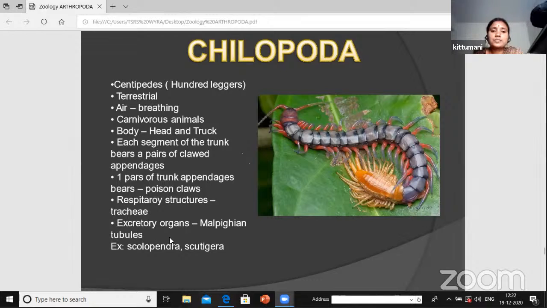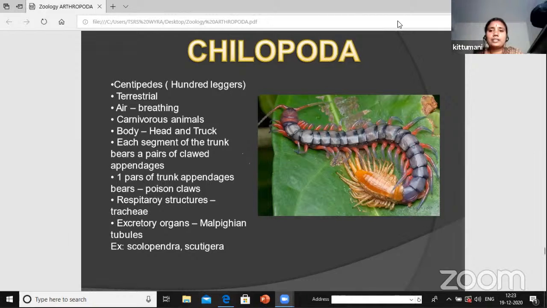The excretory organs are Malpighian tubules. What are the excretory organs in class Chilopoda? Malpighian tubules. For example, Scolopendra and Scutigera, the two organisms belonging to the Chilopoda. Okay, these are the general characteristics of the class Chilopoda.